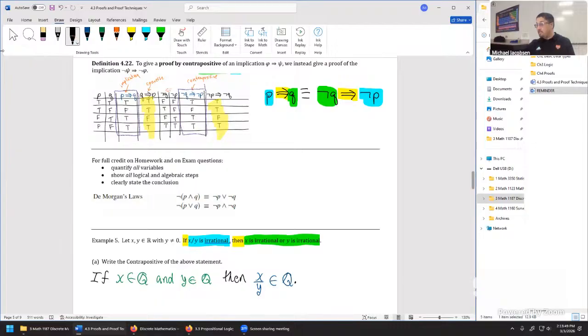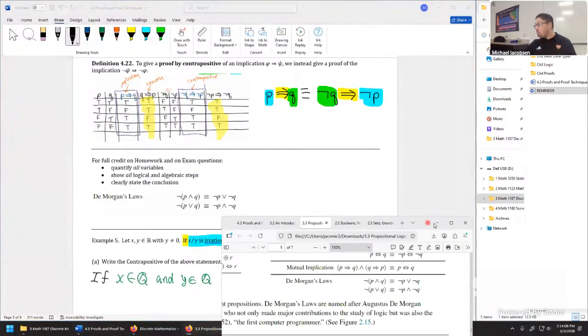So that's our statement. And notice that this one feels more intuitive, in my opinion at least. If you have two rational numbers and you divide like this with the assumption y is non-zero, so that this is defined, division of two rational numbers should stay rational. But what did this give us? Why is the contrapositive so critical?